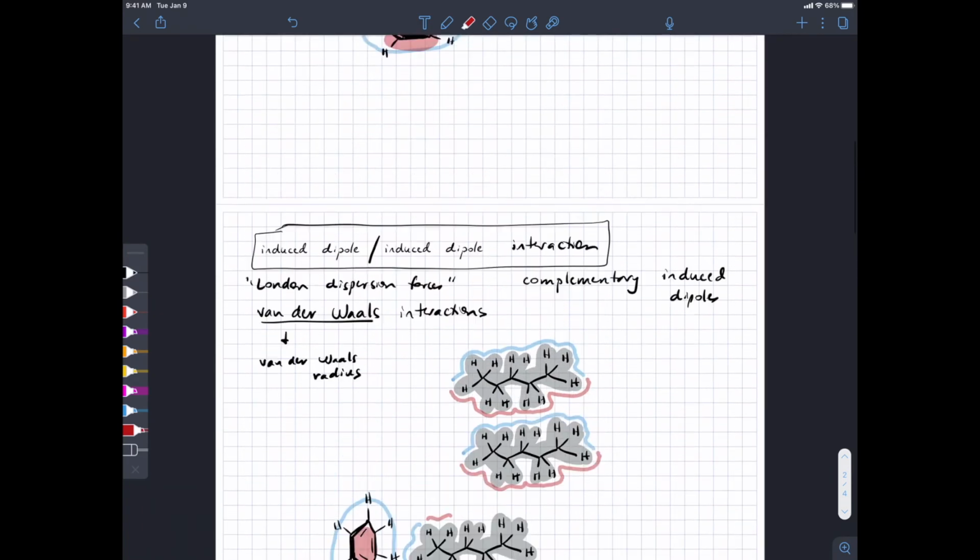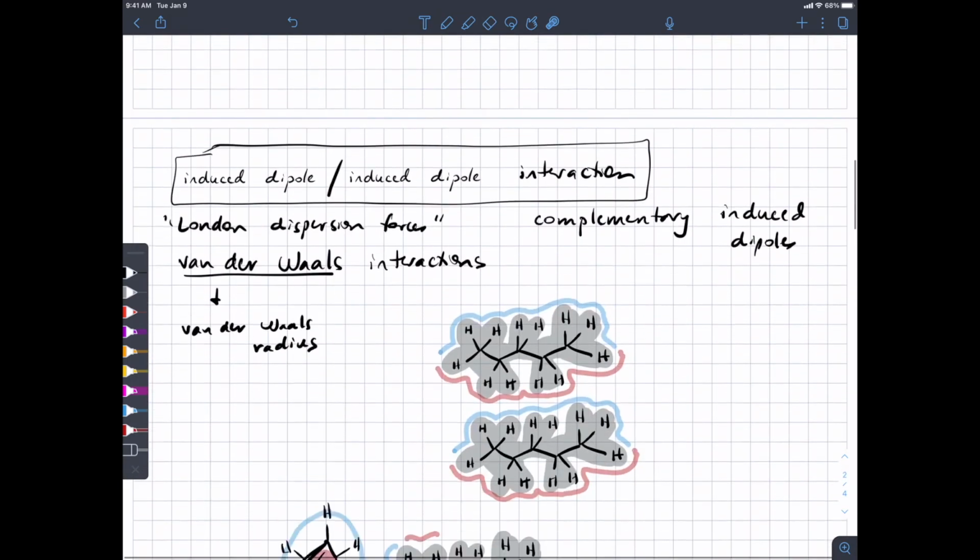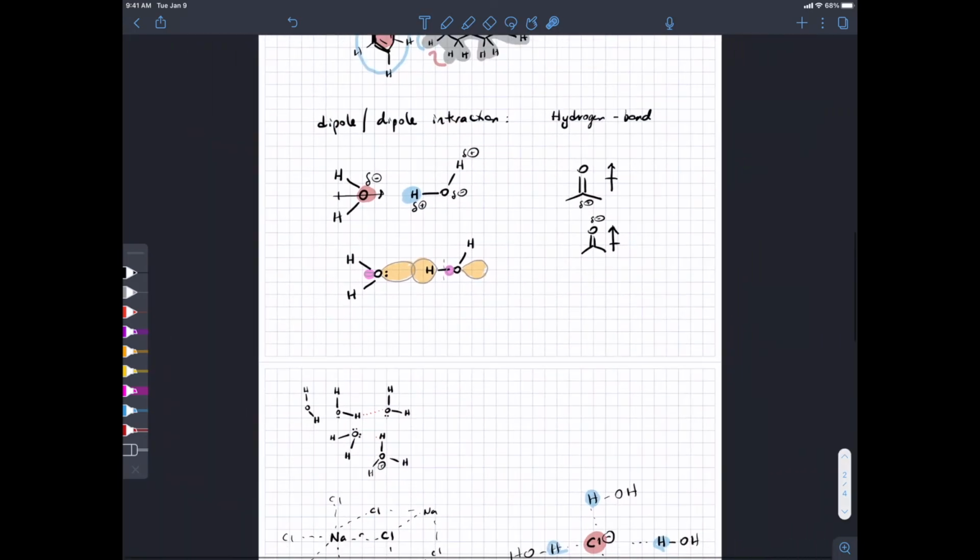Yeah, I don't know the reason why, but it's possible that the surface on the benzene ring that has extra electron density is larger than the surface on the water molecule that has extra electron density. So it's possible there's just more space for an interaction there. I don't know, but that seems reasonable. Okay, other questions?